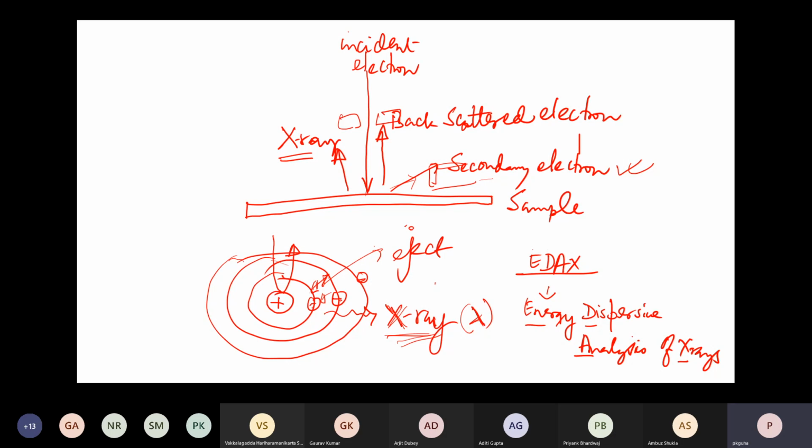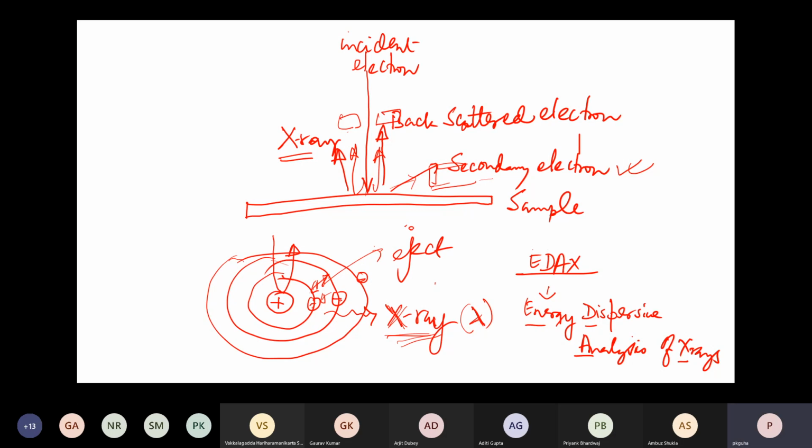Backscattered electrons are a little bit higher but very close to the axis, because these electrons are basically bouncing back. These high energy electrons will be captured by the backscatter detector, whereas the secondary electrons have low energy, so their detector is very close to the sample, right?